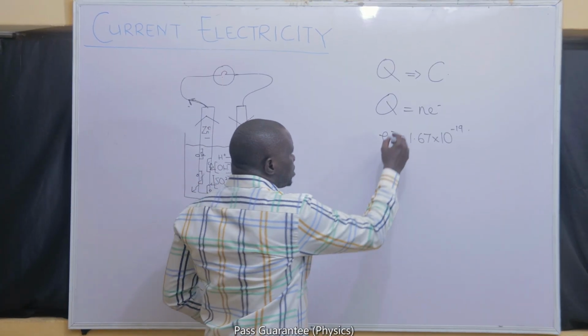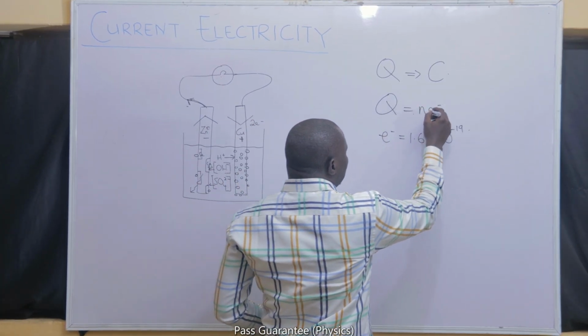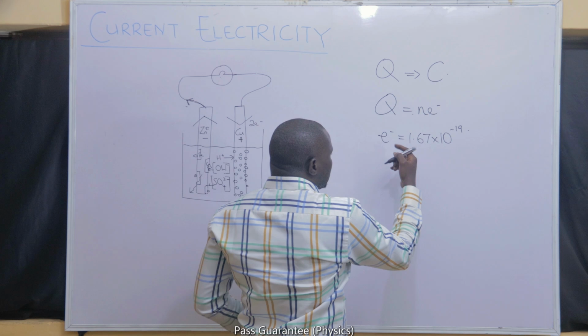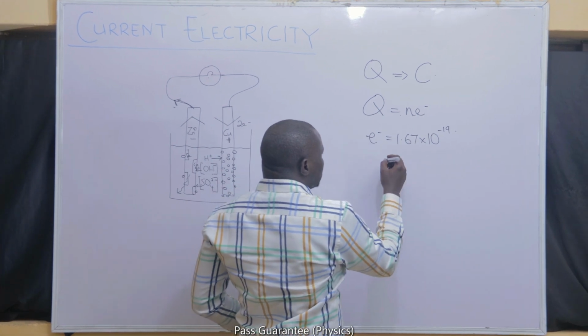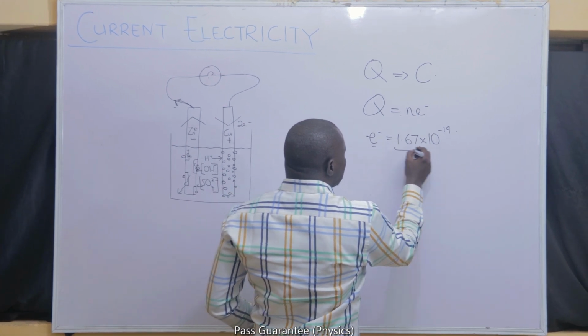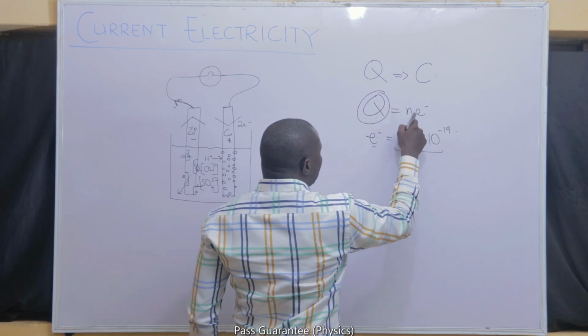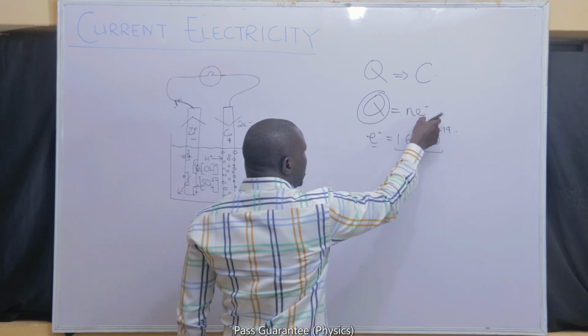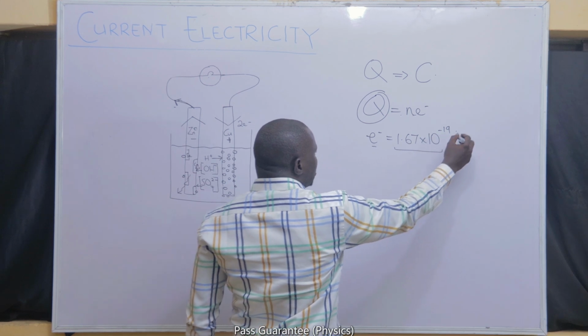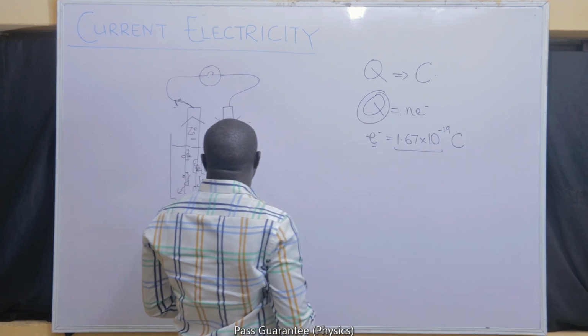So the quantity of electricity equals the number of electrons that we have moving around the circuit. If one electron has this charge, then the quantity of electricity will be the number of electrons. If there are 1 billion electrons, it means 1 billion times this charge in coulombs.